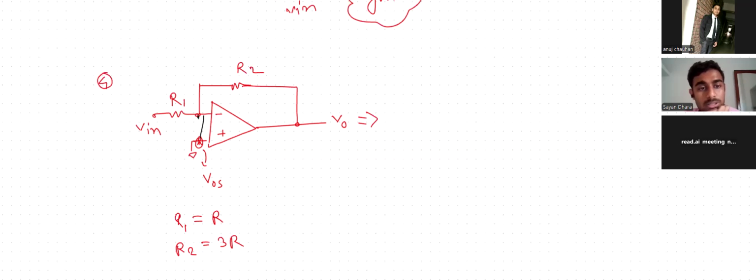The current going from V in to V offset would be I equal to V in minus V offset divided by R1, and this current will also flow from here through to the output.